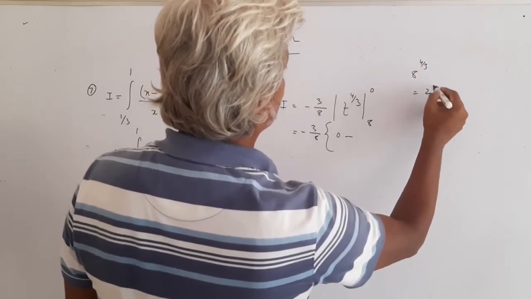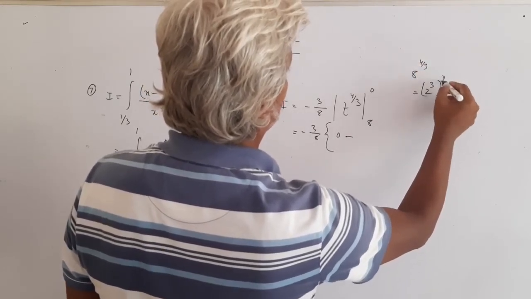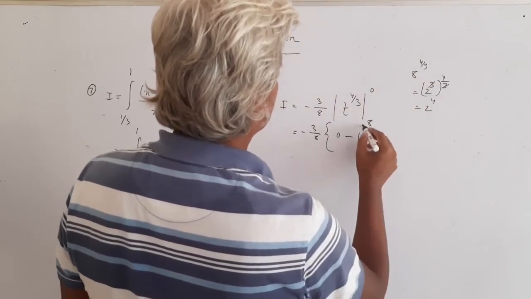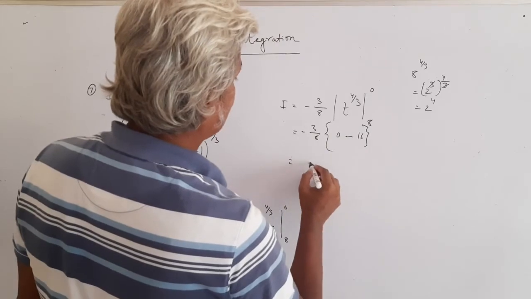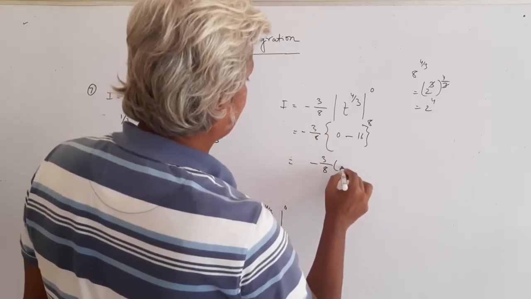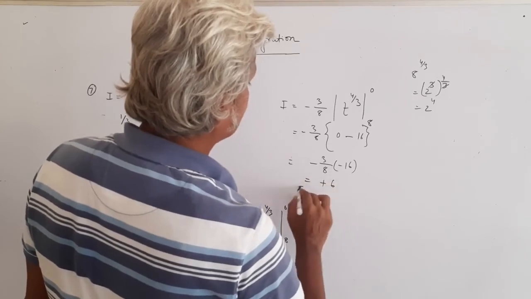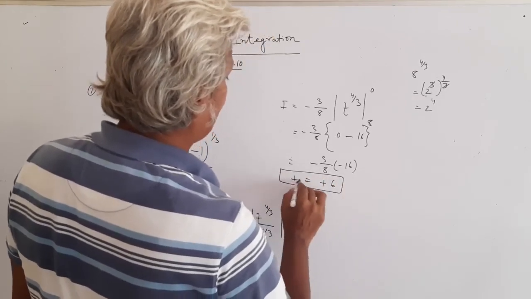So 8 can be written as 2 to the power 3, whole to the power 4 by 3, the 3 cancels, 2 to the power 4, so that is 16. So the answer is minus 3 by 8 into minus 16, that is plus 6. So the value of I is plus 6.